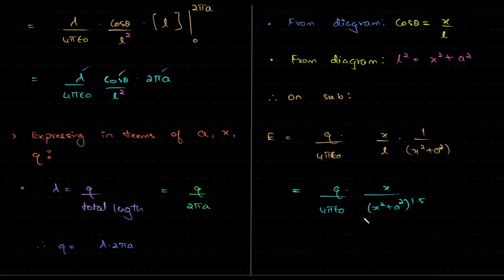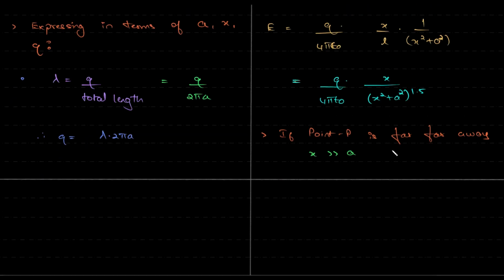Quite simple. It's much simpler than the infinitely long wire, right? Now, one last thing. If point P is far away, that is, x is much greater than a, what will happen?